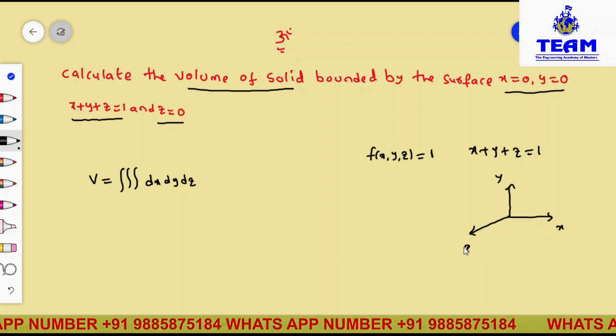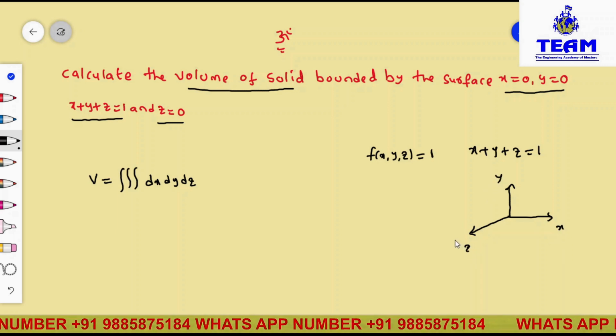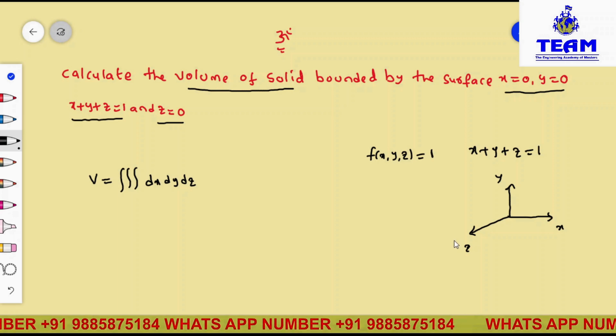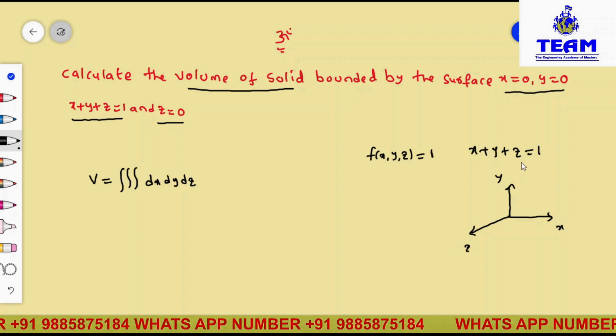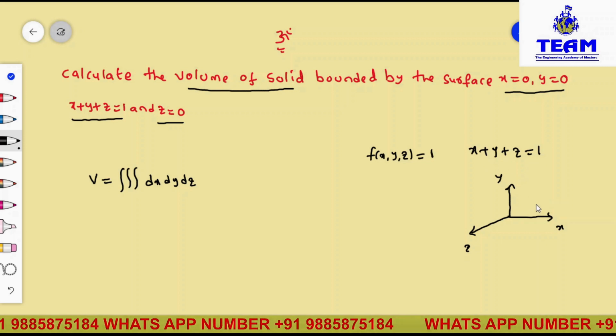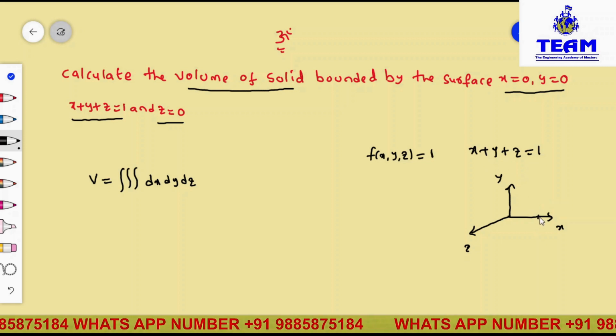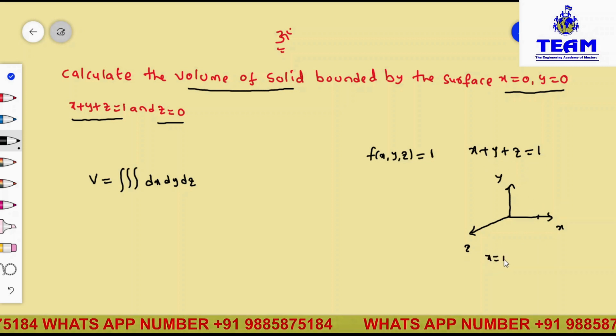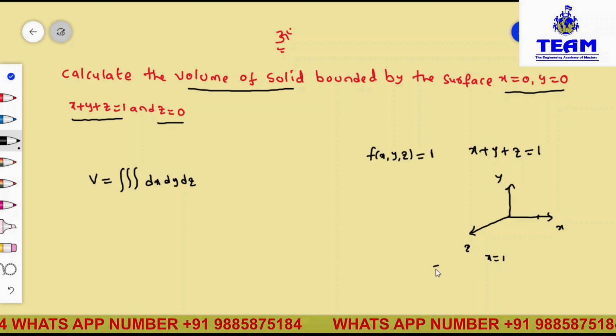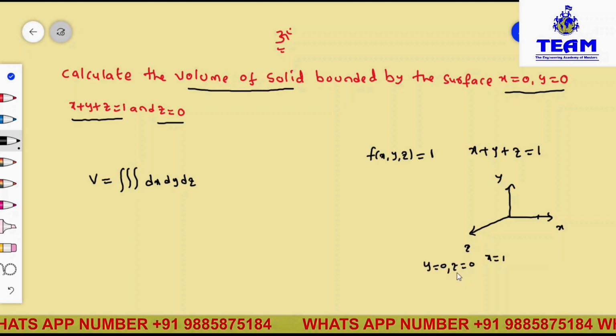Now I want the limits for x. If you want the limits for x, put y and z equal to 0. Then you will get x is equal to 1.